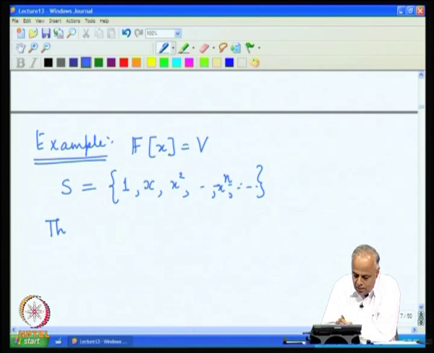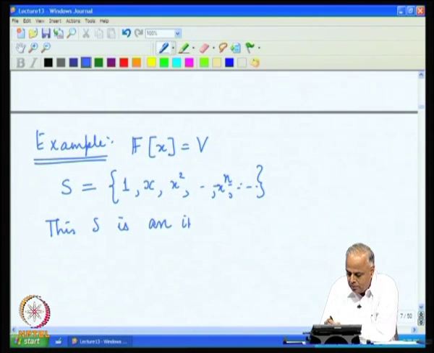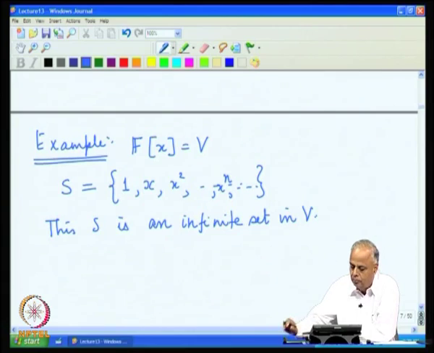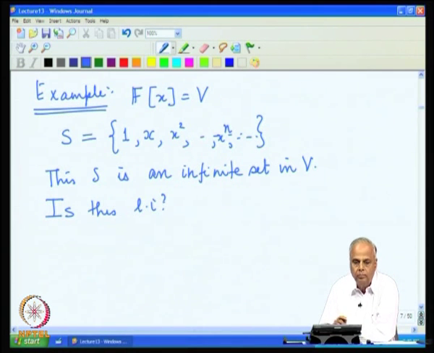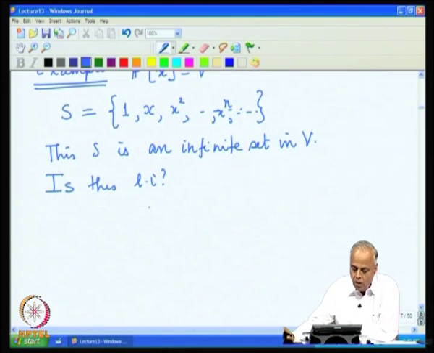So, this S is an infinite set in V. Is this linearly independent? To check whether it is linearly independent, we have to make sure whether every finite subset is linearly independent.